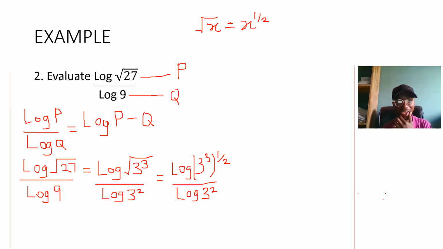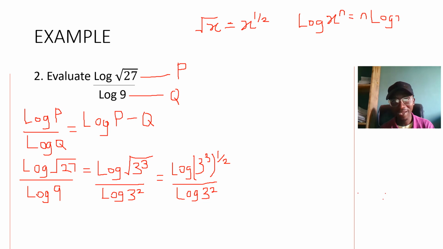Now from here we need to apply the exponential rule of logarithm that says log x raised to the power of n equals n log x.